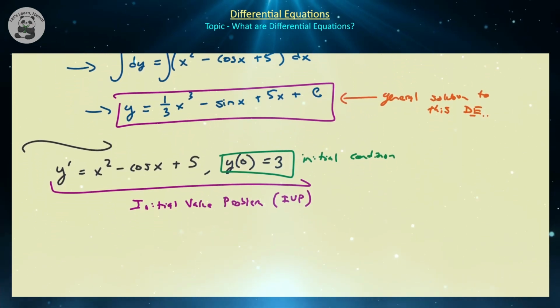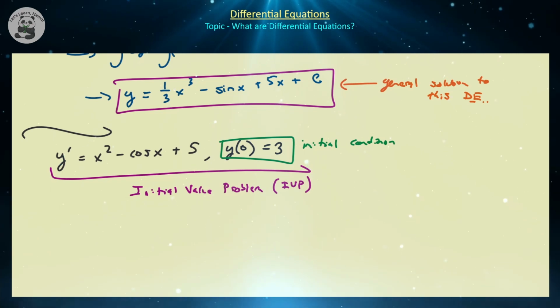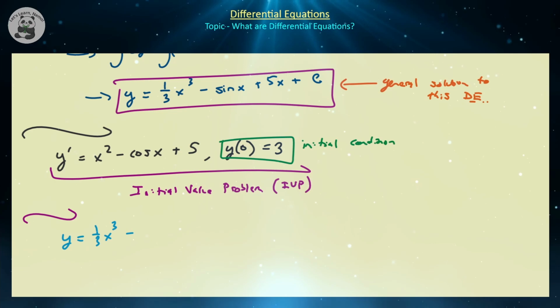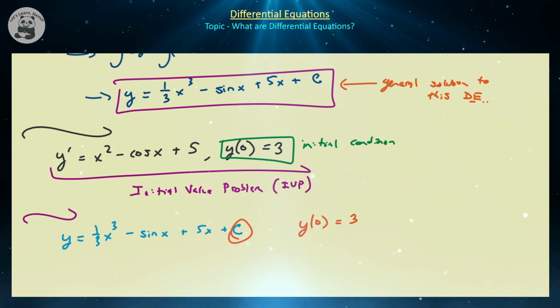And then when we solve this initial value problem, you're not going to get a general solution, but more so a particular solution. And hopefully that particular solution is a unique one. So we already know that our general solution is y is equal to 1/3 x cubed minus sine x plus 5x plus c, and we want to know the value of c that satisfies this initial condition.